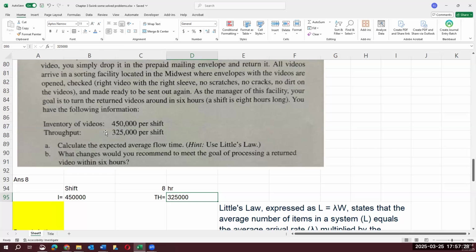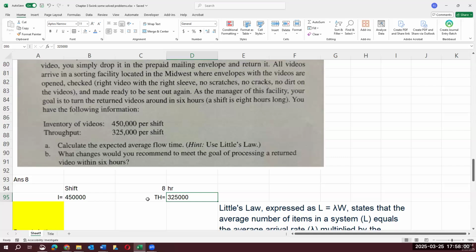You open them, check for cleanliness, scratches and cracks, put them in the envelope and ship it out. People are renting and returning DVDs, probably an older example from when Netflix rented DVDs that arrived in the mail. You can handle 325,000 per shift. A shift is 8 hours long, and 450,000 items are sitting in the system.